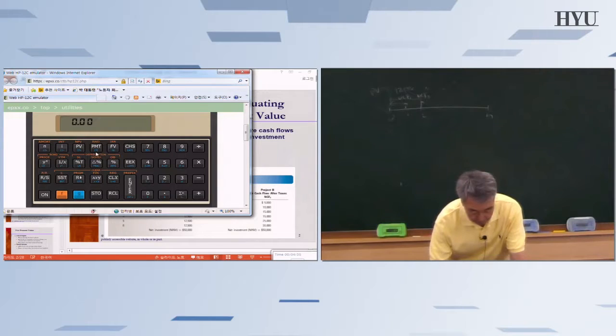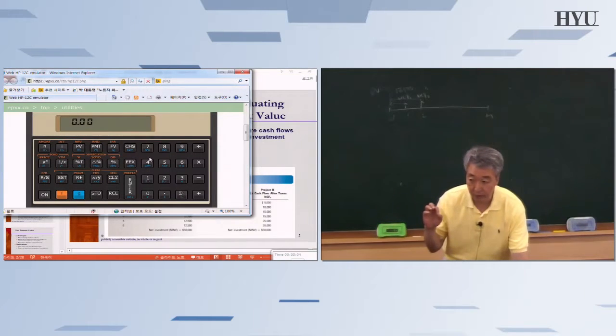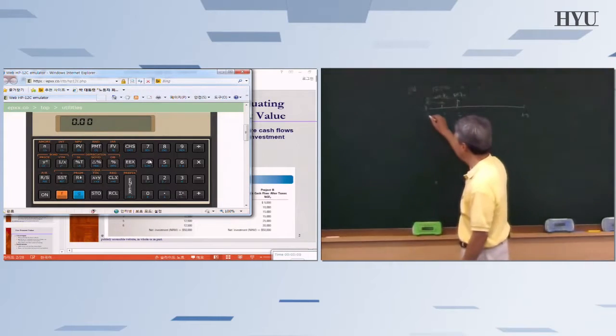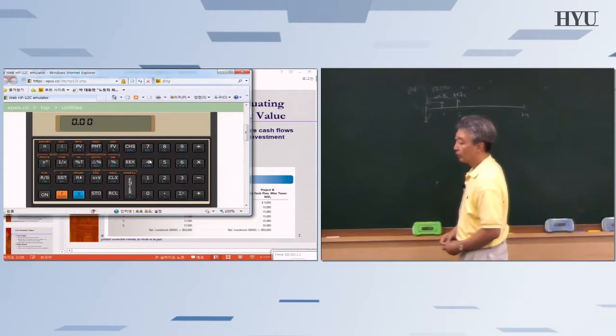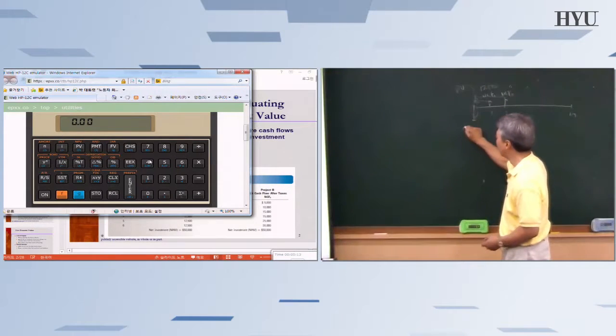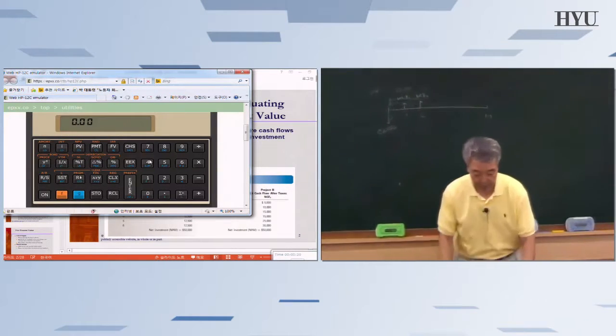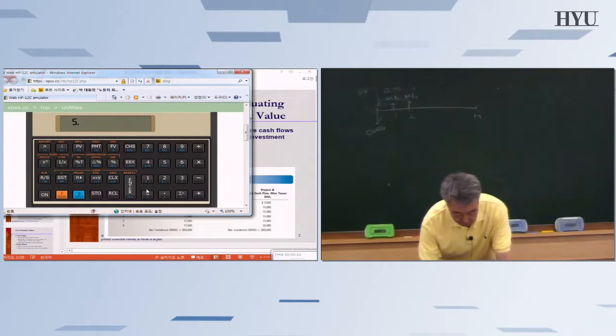If you look at the calculator, look at the blue keys here. Here's CF0, CFJ, and NJ. CF0 is the cash flow right now, in the beginning. And the cash flow in the beginning is only the initial investment, the net investment of $50,000, right? So you need to enter that.